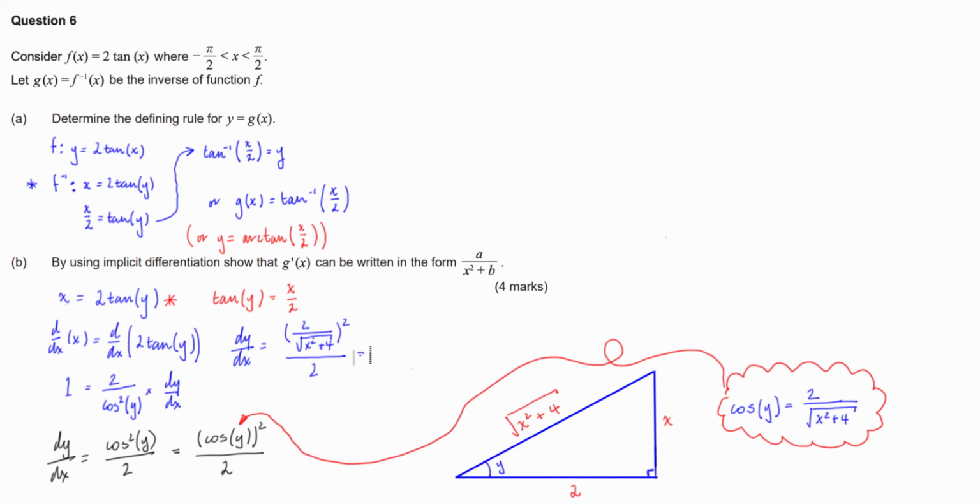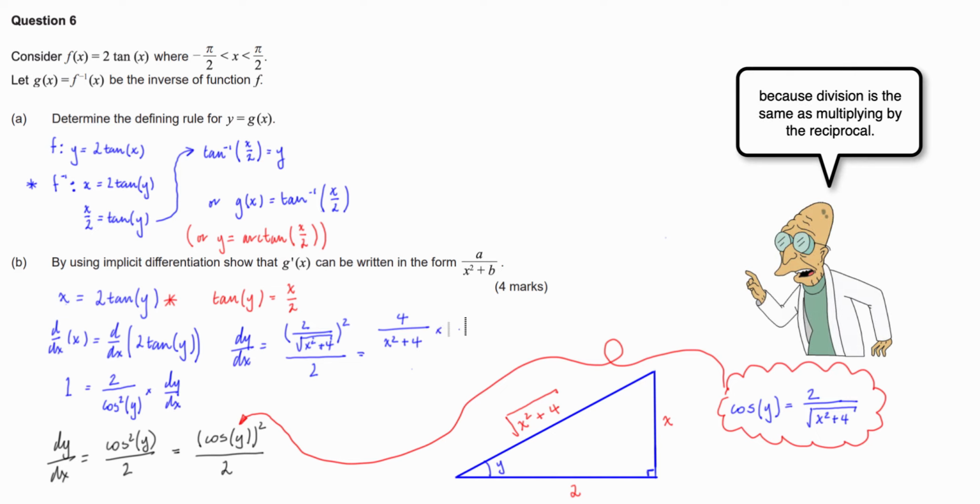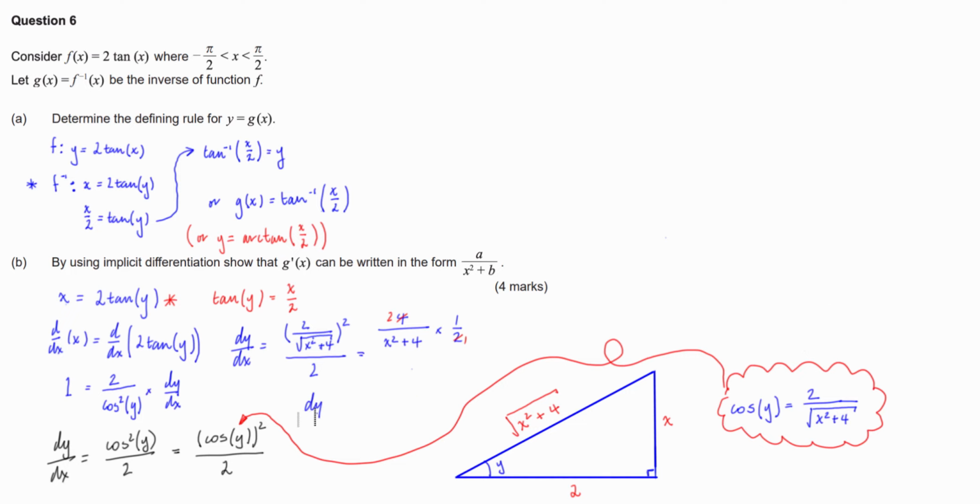Now when I multiply into that bracket, I'm going to get 4 over x squared plus 4, and that's divided by 2, but I can multiply that instead by 1 over 2. Now we can simplify, and then I'm left with dy dx, which is equal to g dash of x, equals 2 over x squared plus 4.